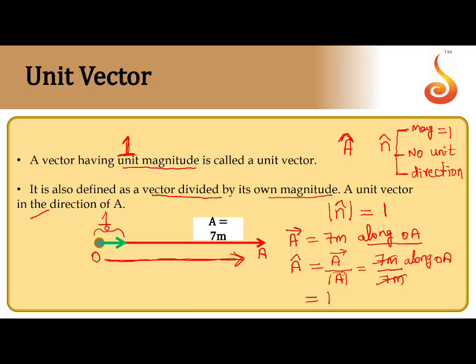A cap is 1 unit along OA. So you observe A cap is a unit vector in the direction of OA. The speciality of this vector is when you multiply it with any physical quantity's magnitude, the magnitude doesn't change, but that quantity will get the direction.